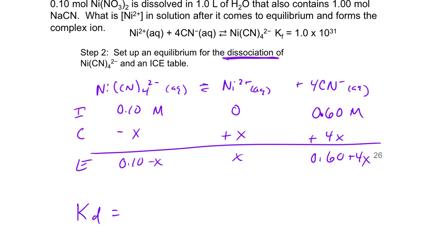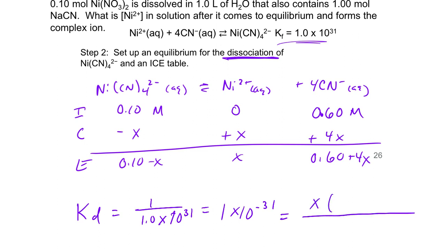Our complex ion is dissociated into the ions. Our KF is for the reverse reaction. So KD is equal to 1 over 1 times 10 to the 31st, which is 1 times 10 to the minus 31. And that is going to be equal to X times (0.60 plus 4X) to the 4th divided by (0.10 minus X).